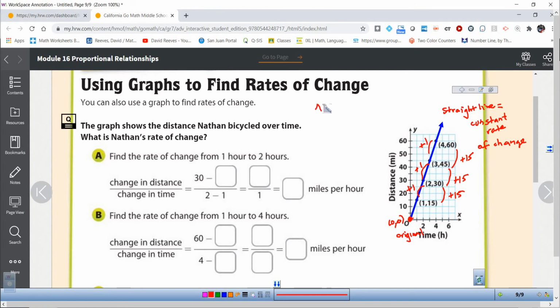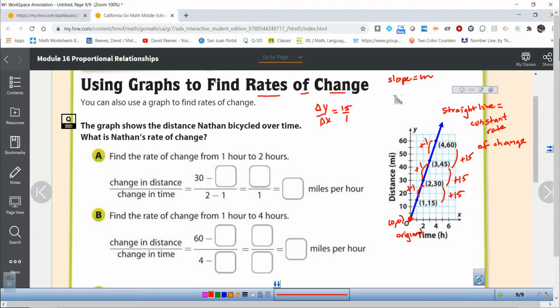So our change in y over our change in x, that is our rate of change, in this case is 15 over 1. We would say that that is the slope of the line, all right? And we're going to use the letter m for the slope of the line.